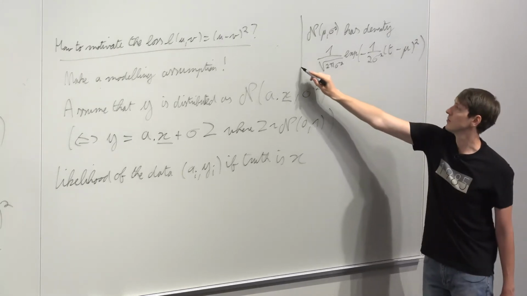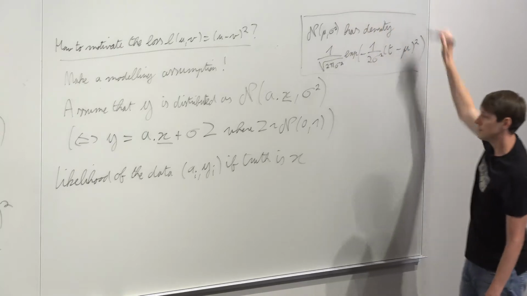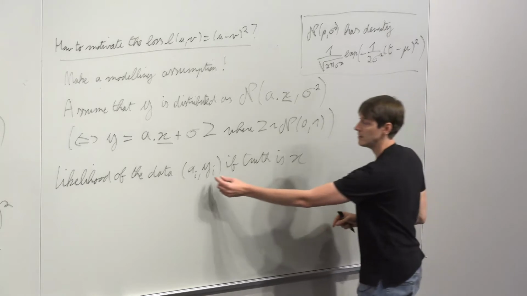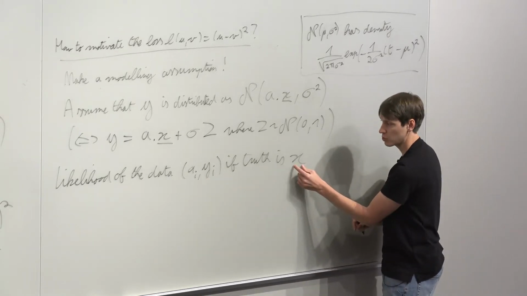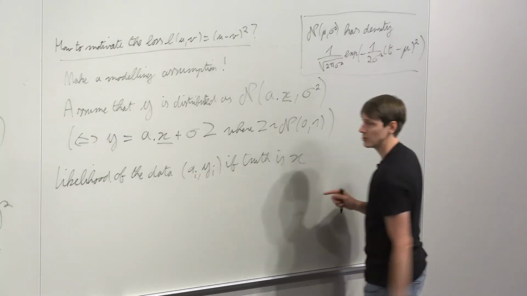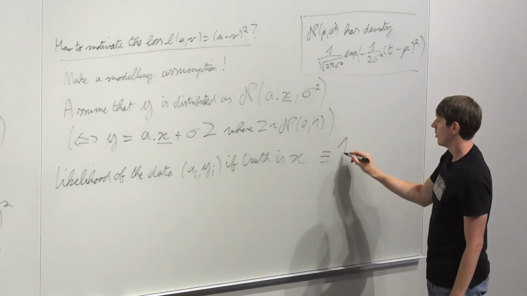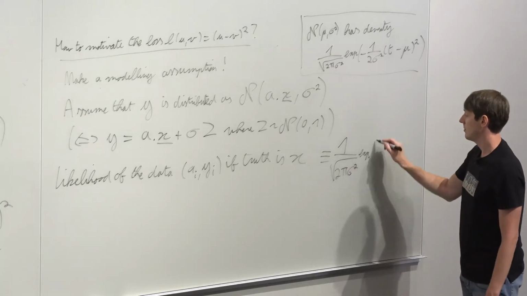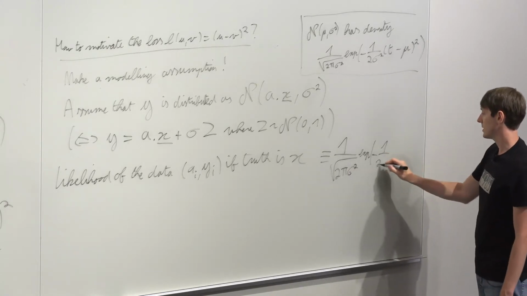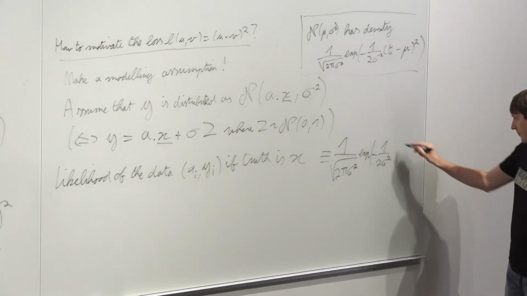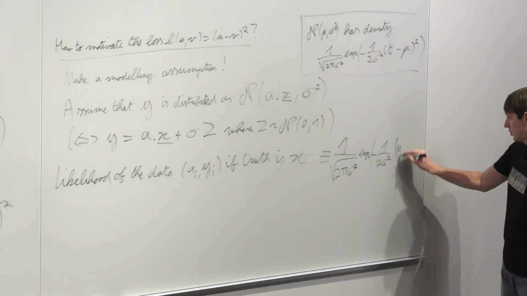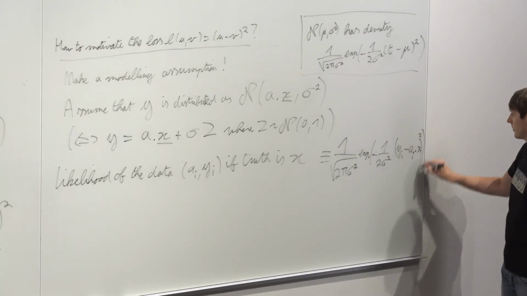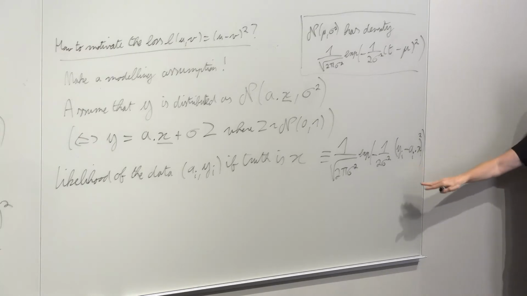This is the density of a Gaussian with mean mu. So the likelihood of this observation is how likely was it to observe a y_i if the truth was x. The mean of my Gaussian is a_i dot x. So this is 1 over square root 2 pi sigma squared, exponential minus 1 over 2 sigma squared, (y_i minus a_i dot x) squared. This was the likelihood of this example.